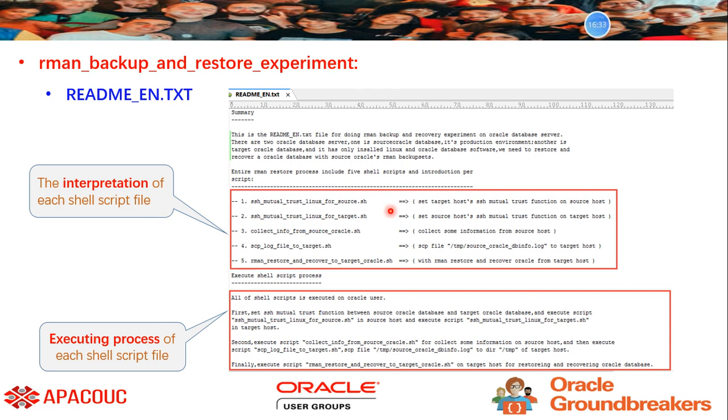And finally, it is the executing process of each shell script file. In other words, showing you which shell script runs first, next, and last. Actually, they always run from 1 to 5 in sequence, 1, 2, 3, 4, 5, in this order to execute.